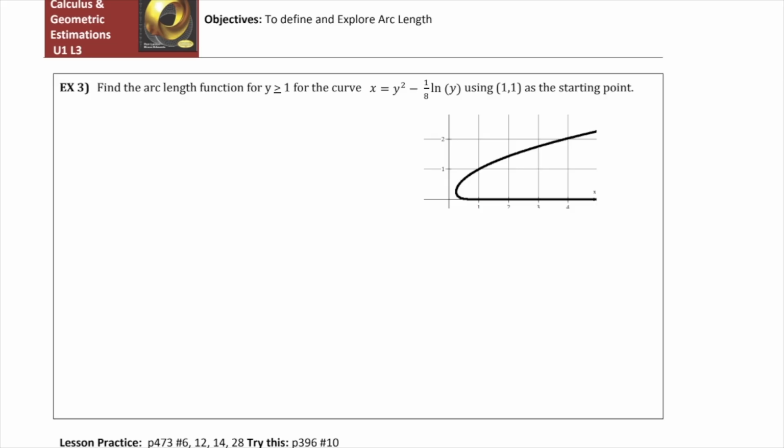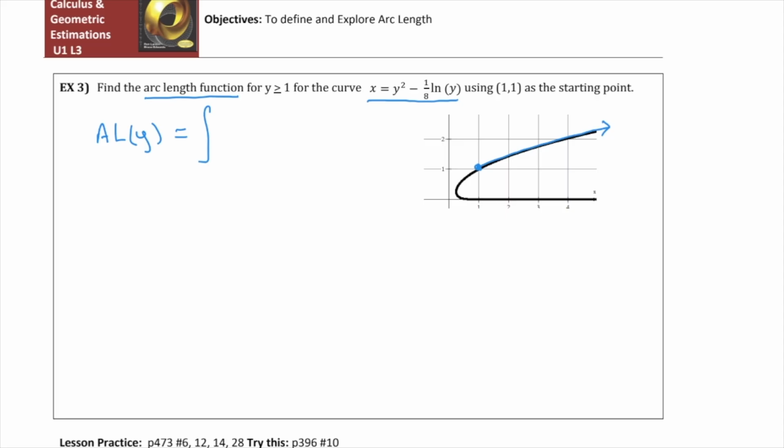For our last example, we're writing an arc length function. Now our y values are greater than 1, and we know that we have the curve x, and we're going to use 1, 1 as our starting point. So we're writing a function to represent the arc length of our curve. The arc length in this problem should be written with respect to y because our function is with respect to y.